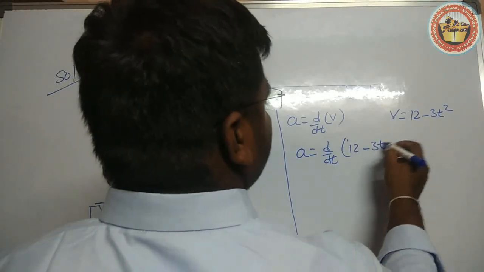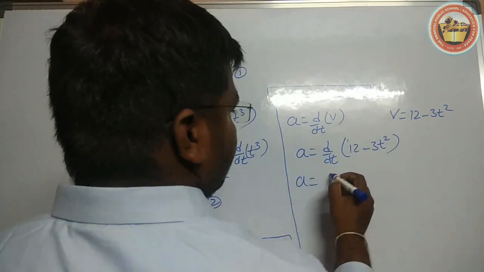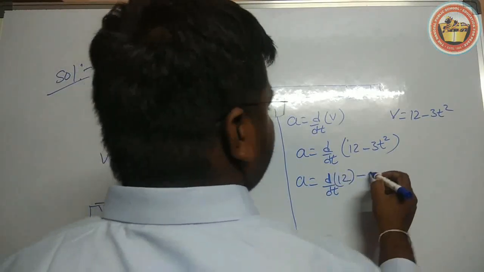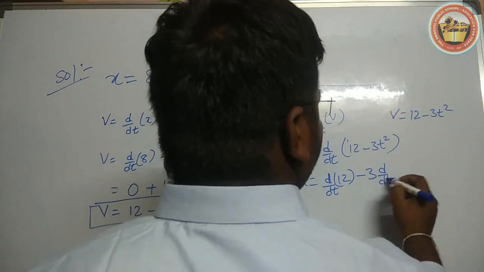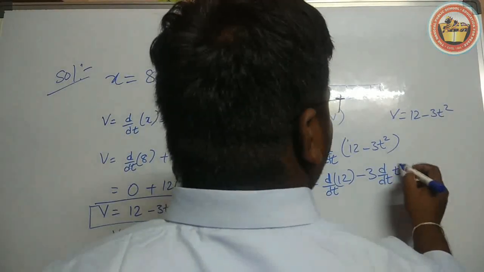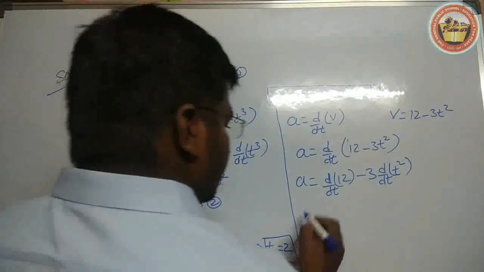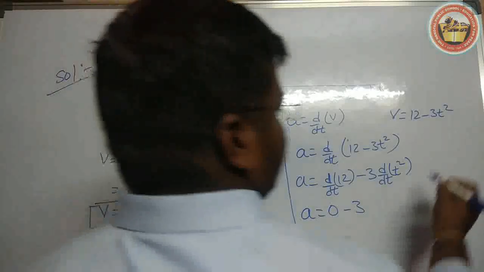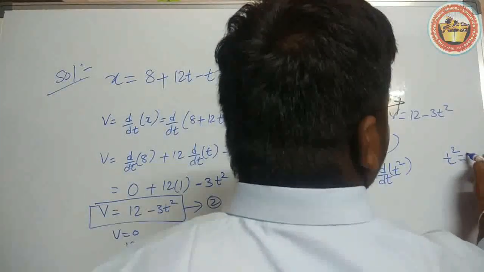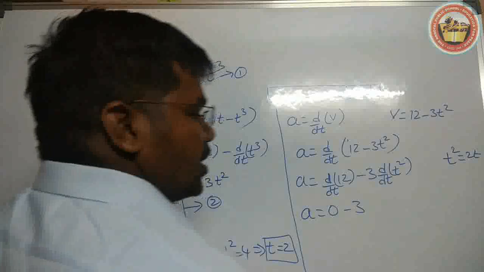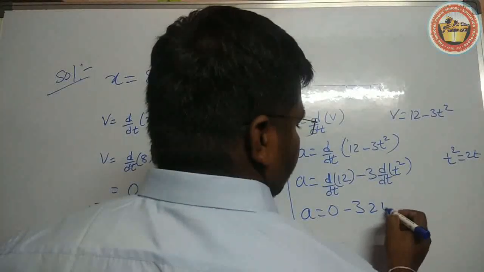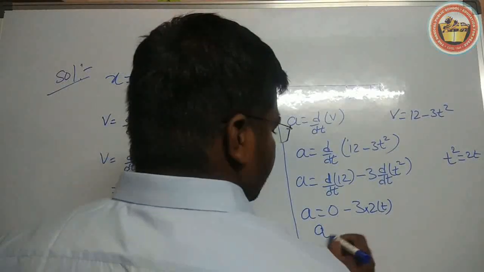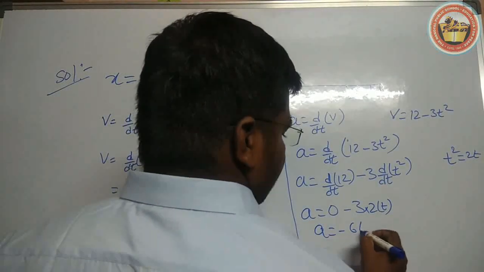A is equal to d by dt of 12 minus 3 into d by dt of t square. A is equal to 0 minus 3 into 2t. T power 2 differentiates to 2t, so 3 into 2 into t. A is equal to minus 6t.